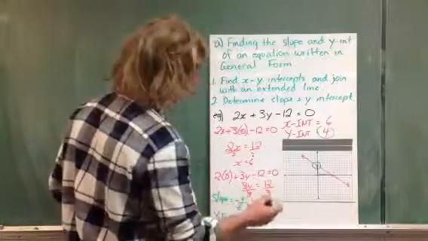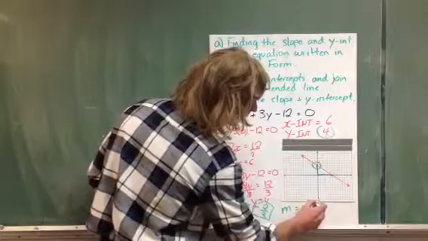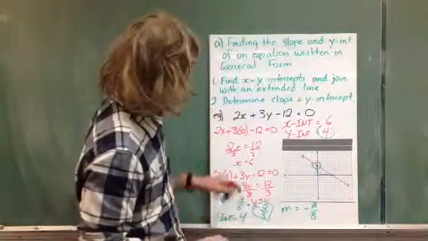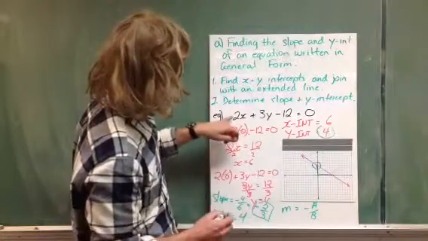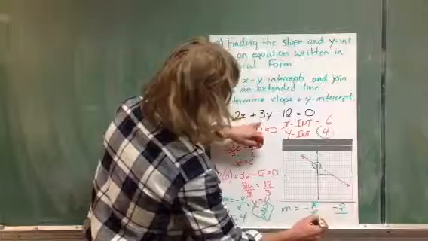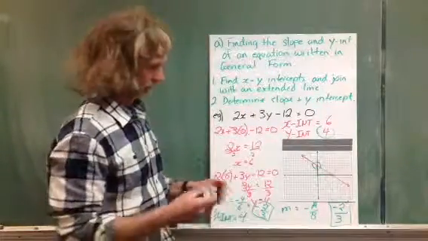So, quite simply, the slope, or m, equals negative a over b. So in this case, negative a is negative 2 over b is 3, which is my answer. And that is the right answer.